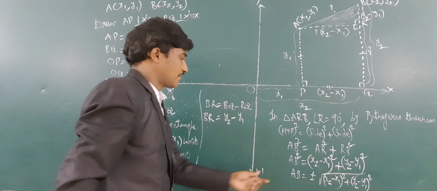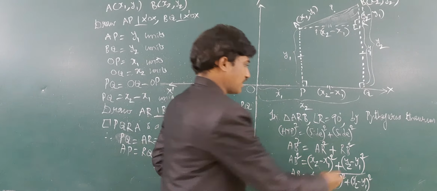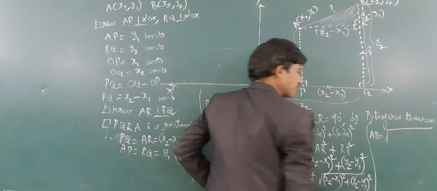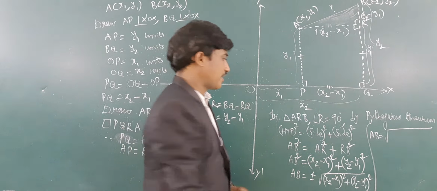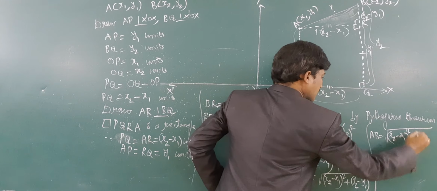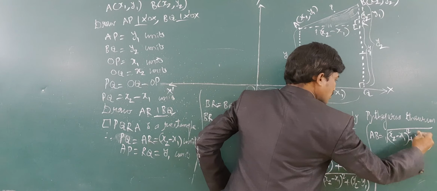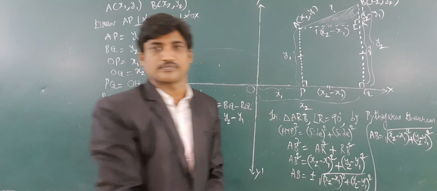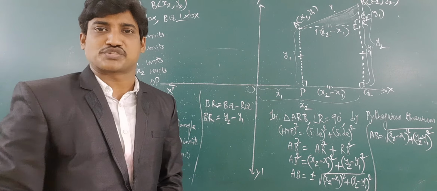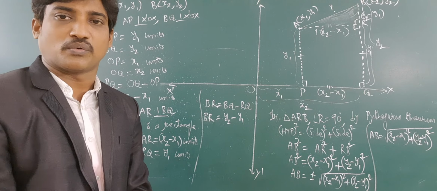But here distance is non-negative, so we write only positive. AB is equal to square root of x2 minus x1 whole square plus y2 minus y1 whole square units. The distance between two points AB is root of x2 minus x1 whole square plus y2 minus y1 whole square units.